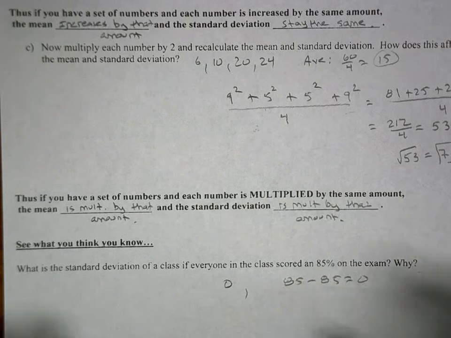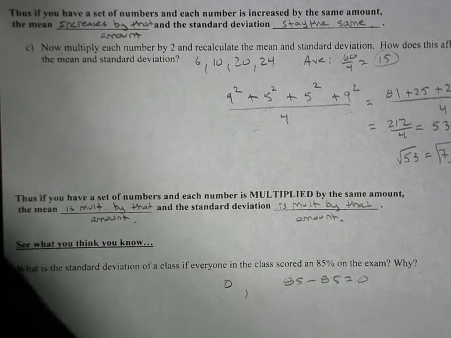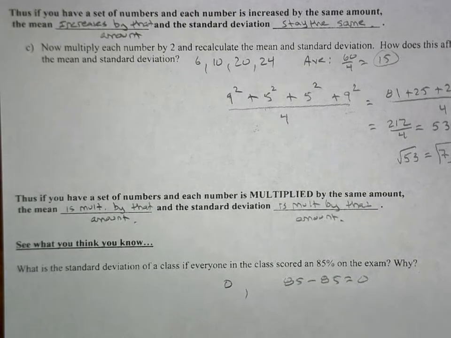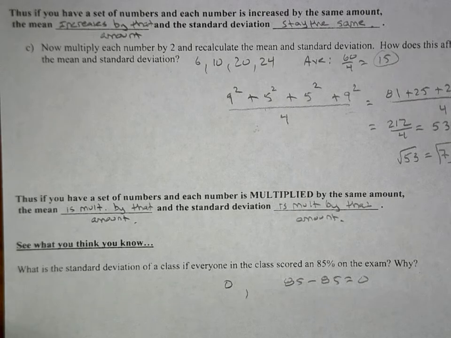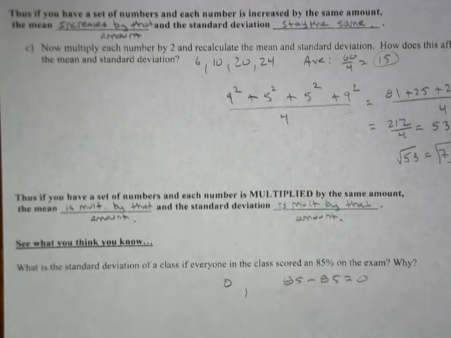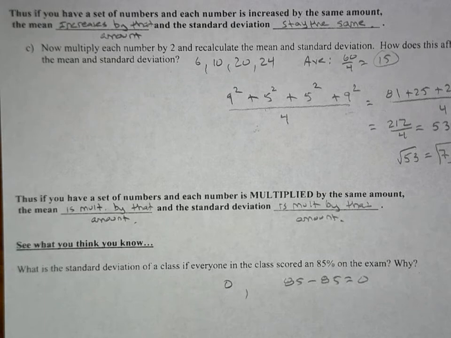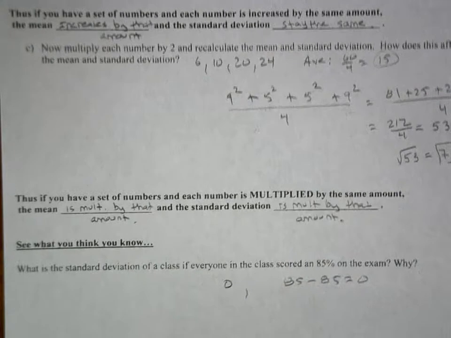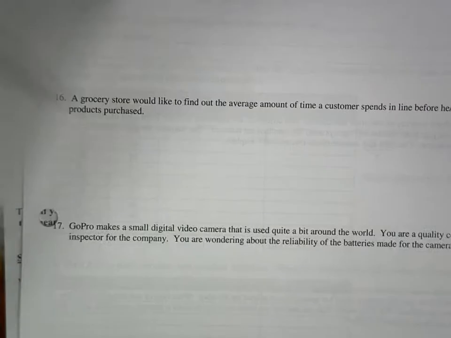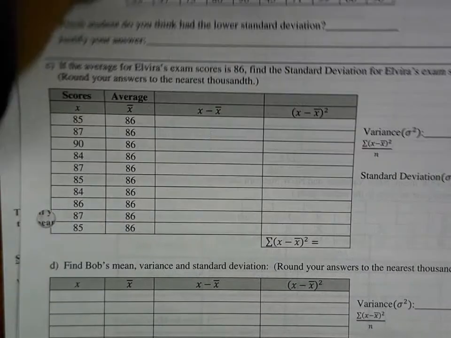Okay, open your packets. I want to have you look at what the homework entails here. So let me get a front packet. Okay, so this assignment hopefully should not be difficult, just number crunching a bit.